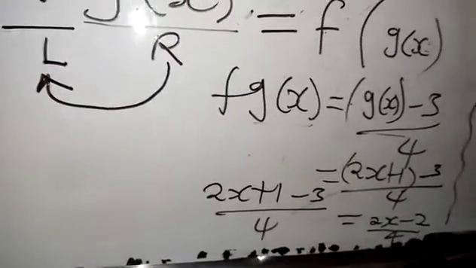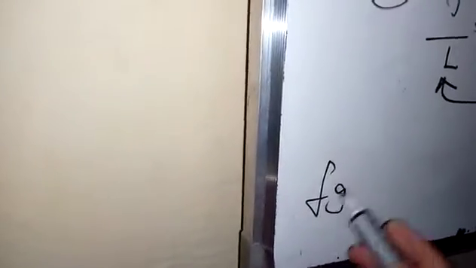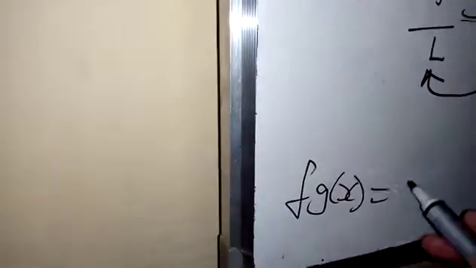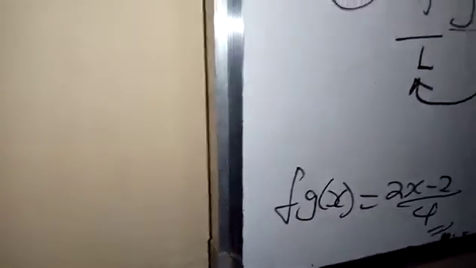So this is our f of g. Therefore, f of g of x is equal to 2x minus 2 over 4. If you want, you can even go ahead and factorize, then simplify, but no need for now.